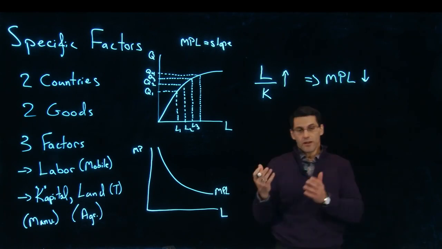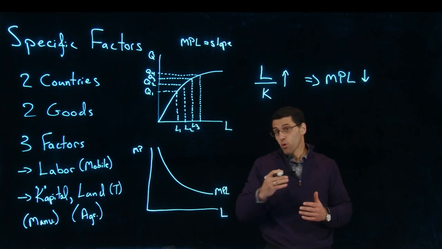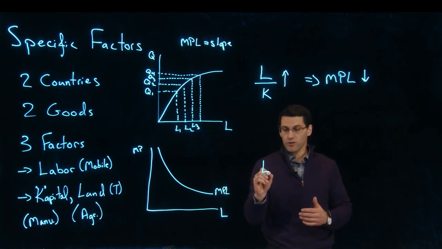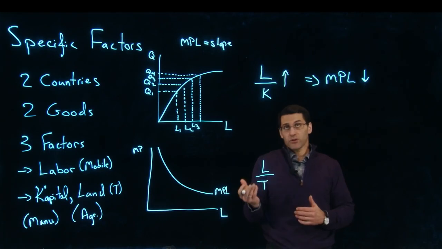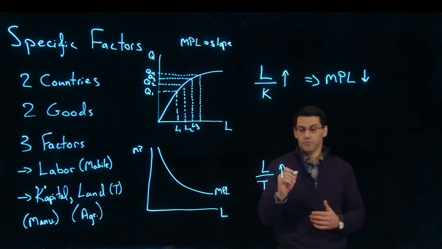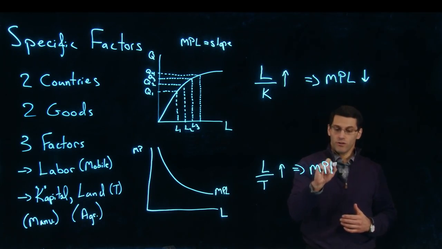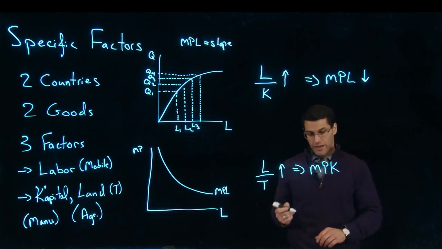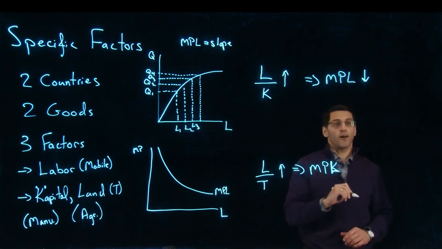The same thing would hold true in agriculture. If I put more workers into the agricultural sector, the labor to land or labor to terrain ratio would increase, which would make the marginal product of labor also decrease.